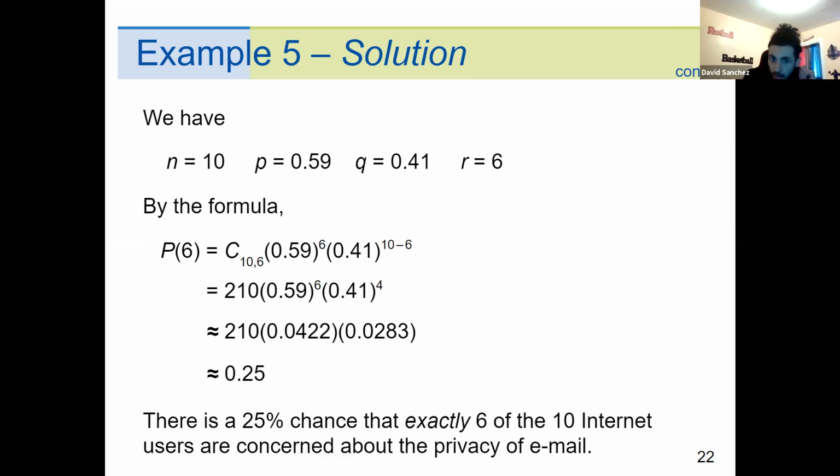They subtracted p from 1. Okay, they followed the chart. And then R is equal to 6 because that's the number of successes. So they plug everything in where it belongs.